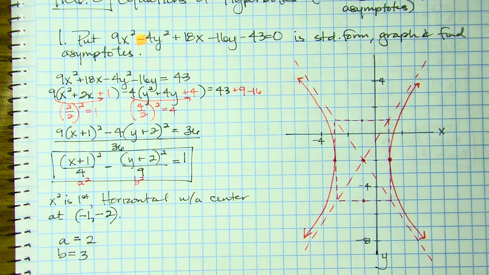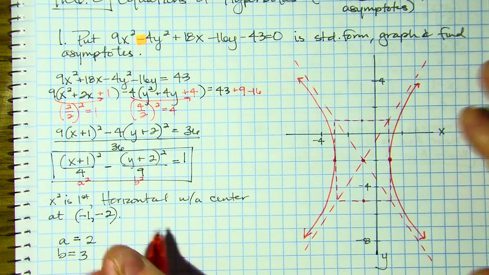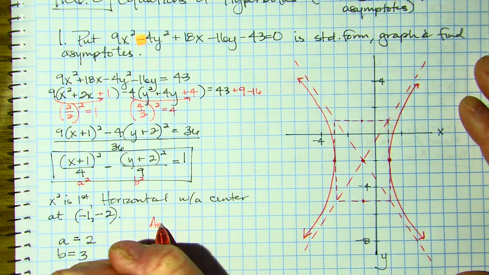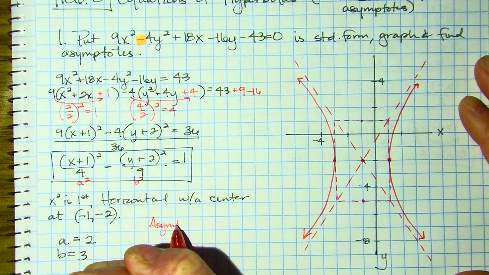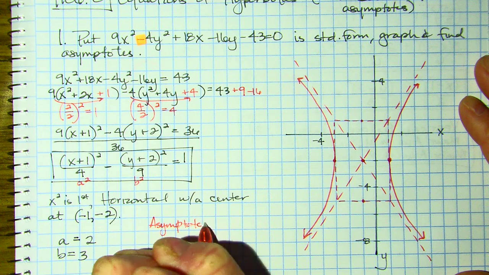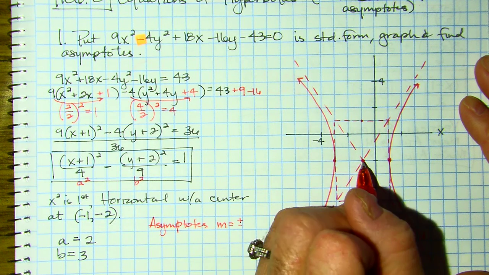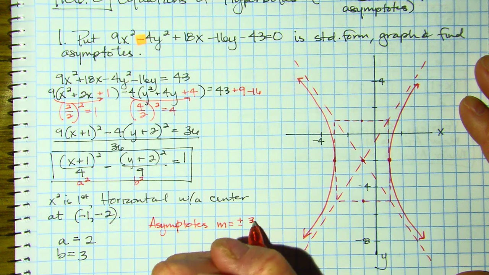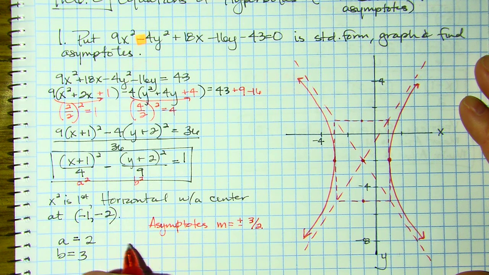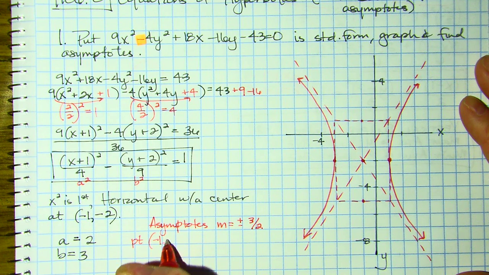So let's talk about my asymptotes. My asymptotes have a slope of plus or minus, let's see here, I went up 3/2. And I have a point that they both go through, and that's my center, -1 and -2.